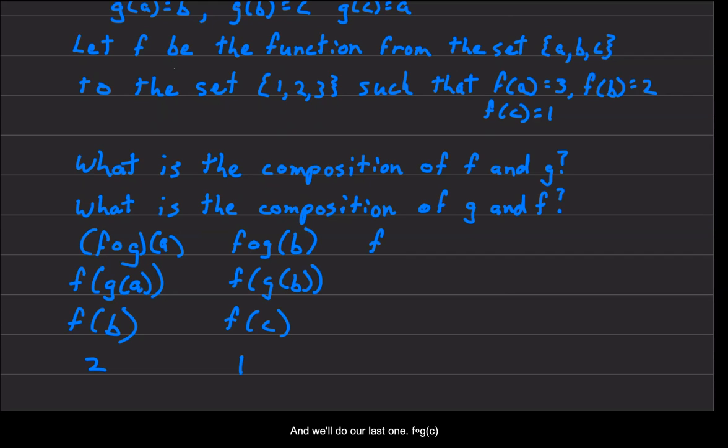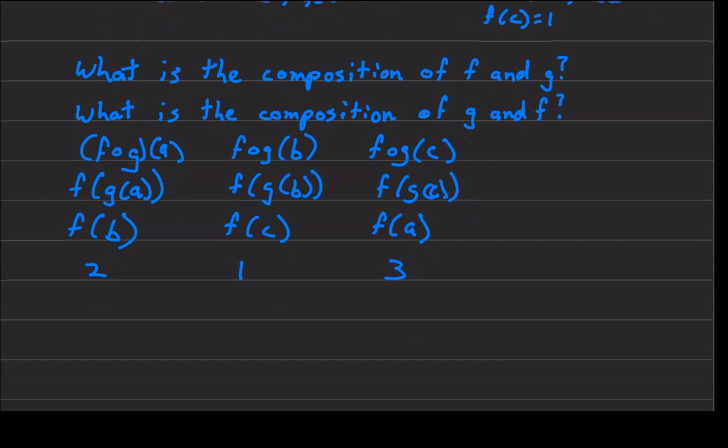And we'll do our last one, f composed with g of c. Rewrite f of g of c, and g of c was equal to a, so this becomes f of a, and f of a is equal to 3. Then we'll look at g composed with f, and this is not going to be something that's definable.